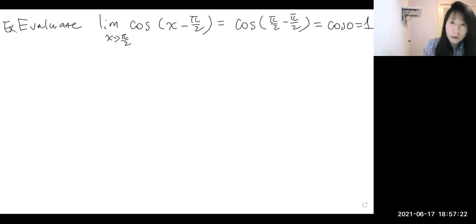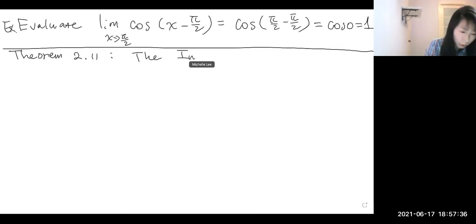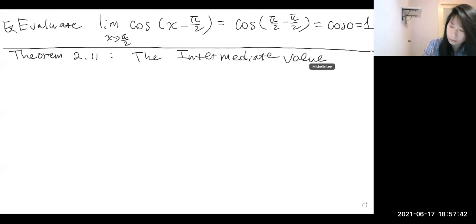All right. So let us do the intermediate value theorem. This one does not have homework, but I have to cover it, even though there is no homework. Intermediate value theorem. Then we are done.